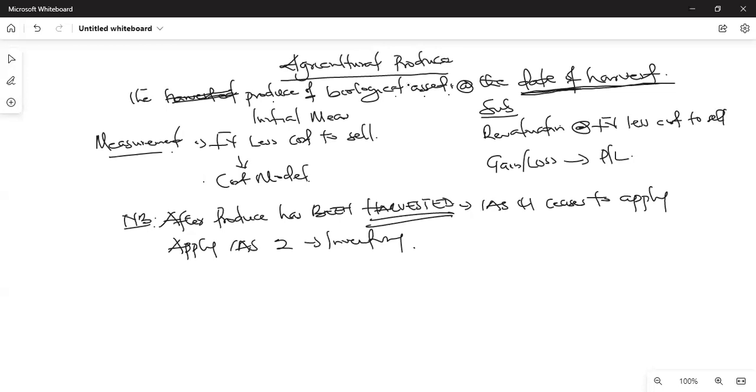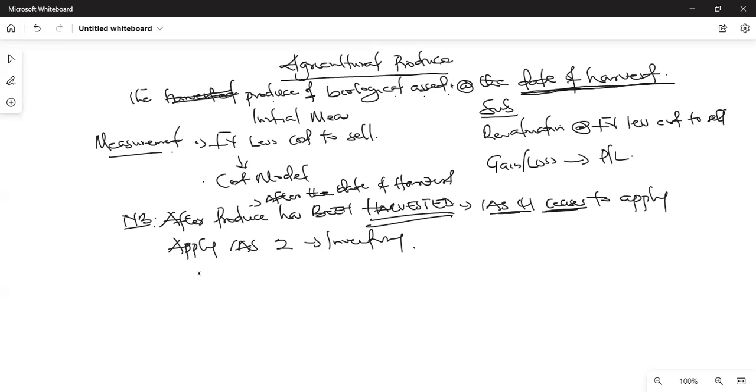And after the date of harvest, IAS 41 ceases to apply. It's now become IAS 2.